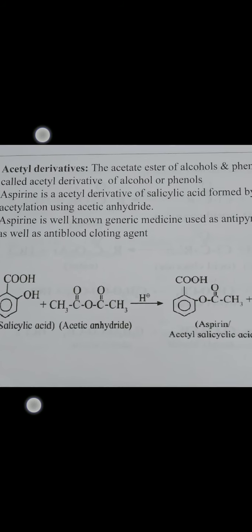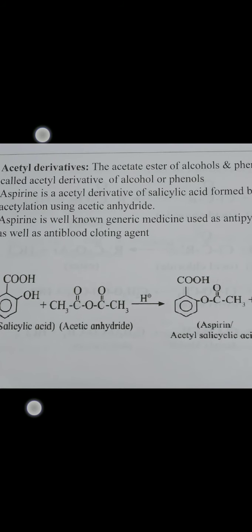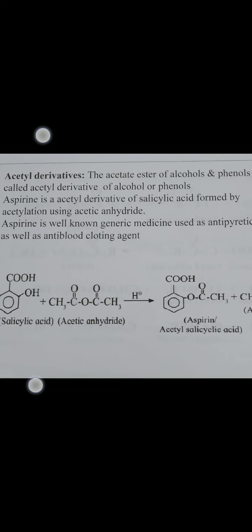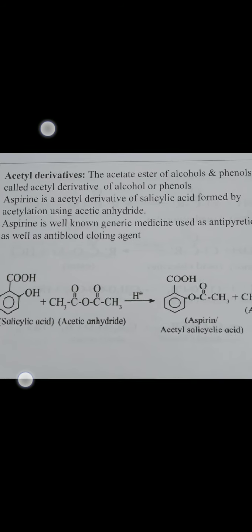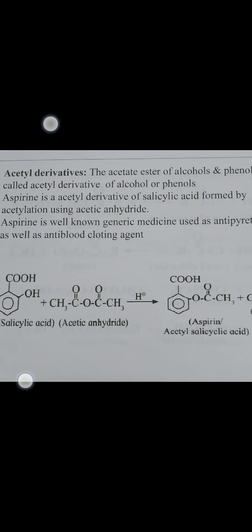See the reaction: salicylic acid, a benzene ring with COOH and OH groups attached, plus acetic anhydride (CH3CO)2O gives aspirin, that is acetylsalicylic acid, plus CH3COOH.